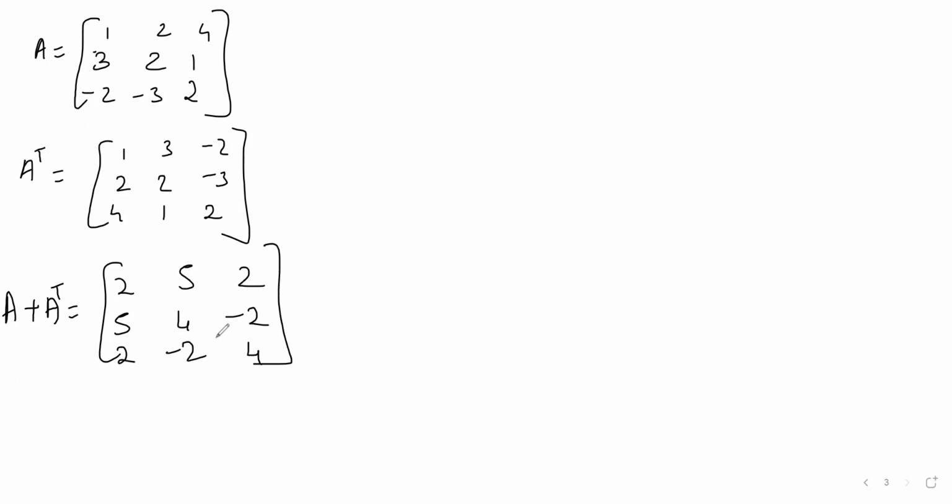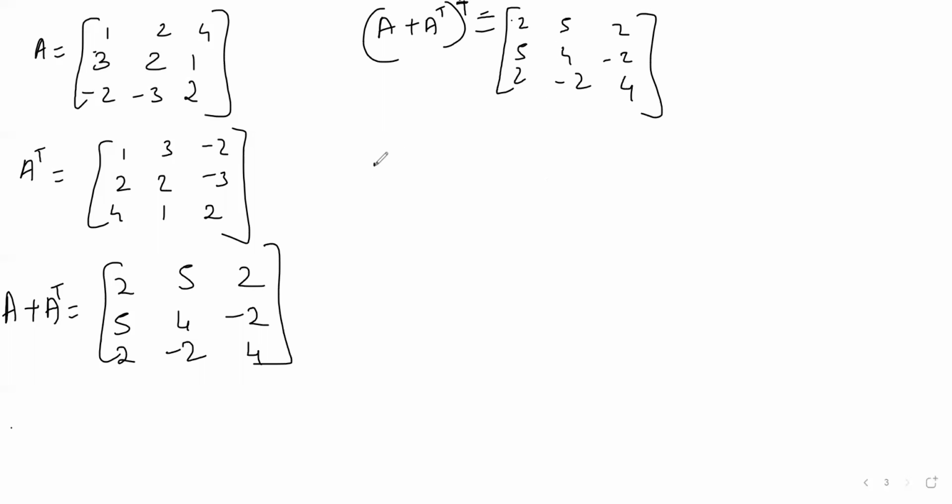So see, is this a symmetric matrix? Yes, it is symmetric. It looks symmetric, because if I take the transpose of A plus A transpose, the first row becomes the first column: 2 5 2, 5 4 -2, 2 -2 4. See, it is symmetric. So A plus A transpose is equal to (A plus A transpose) transpose.